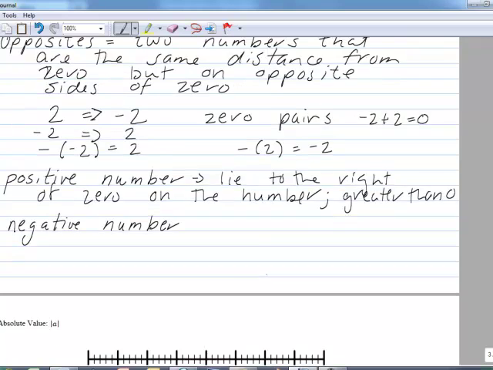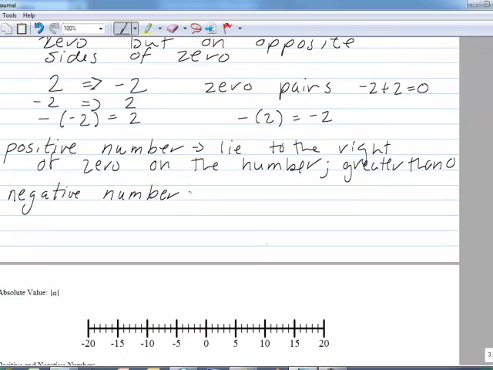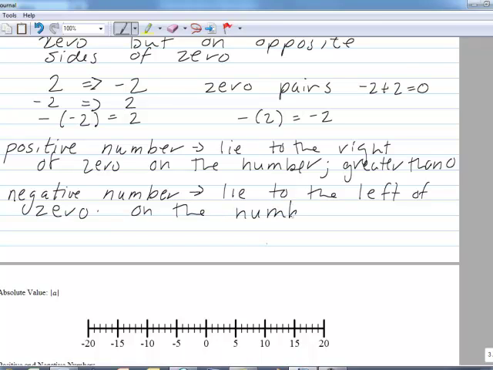Negative numbers lie to the left of 0 on the number line, and they're less than 0.